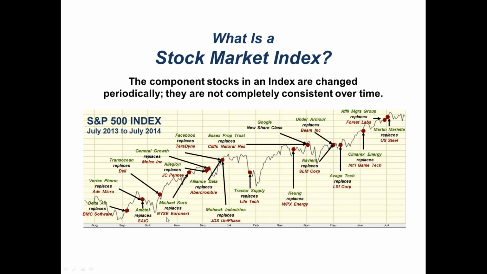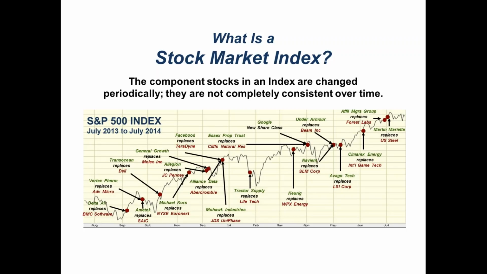Right here, Michael Kors was put on the index and they took off the New York Stock Exchange. Here, Tractor Supply replaced Life Tech. Under Armour replaces Beam Incorporated, whatever that was, okay? Martin Marietta replaces U.S. Steel. See what I'm getting at here? Your average person out there has absolutely no idea this is going on.